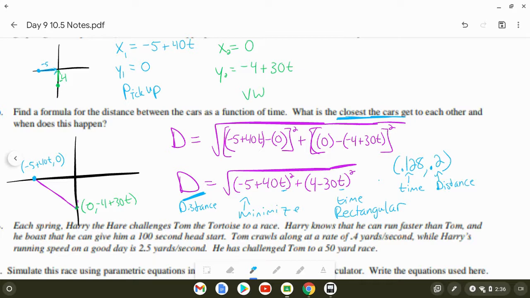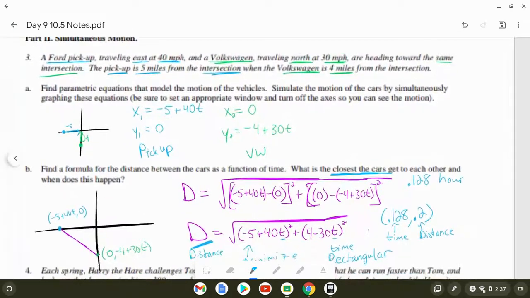This means that at 0.128 seconds, or minutes, I'm sorry, because we were talking in minutes. I'm sorry, hours. We were in miles per hour, correct? Yep, miles per hour.